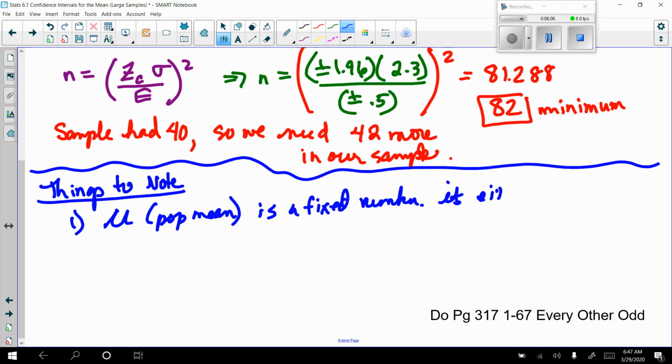It's either in the interval or not. Okay, so we can be somewhat confident that it's in the interval according to our calculations, but it's either going to be in there or not in there. It's not going to change based on what interval we come up with.